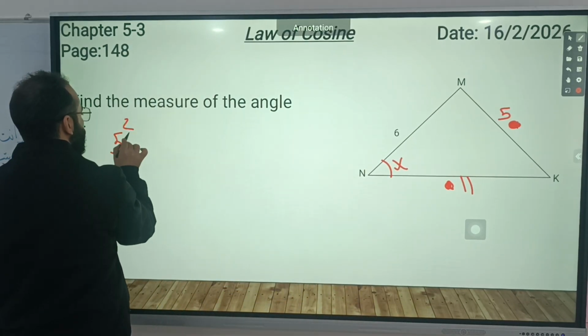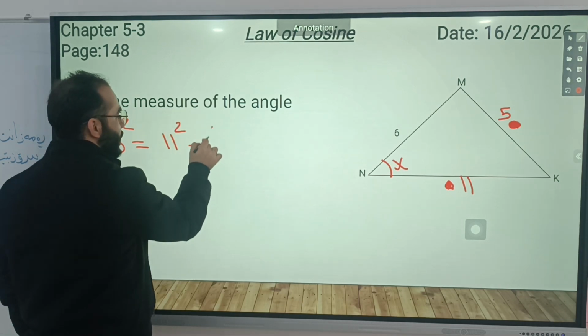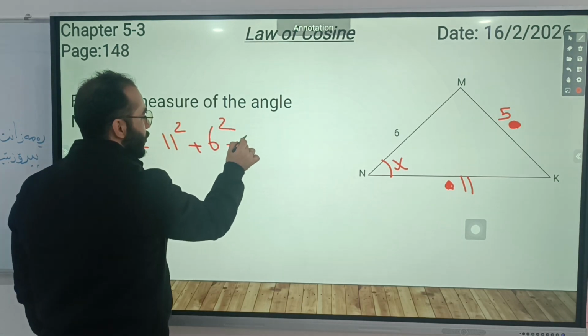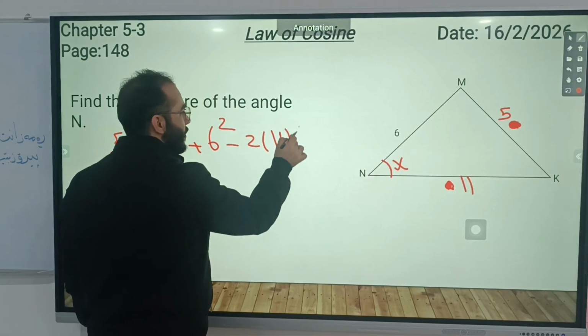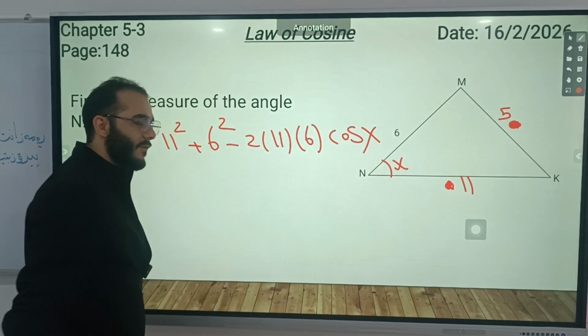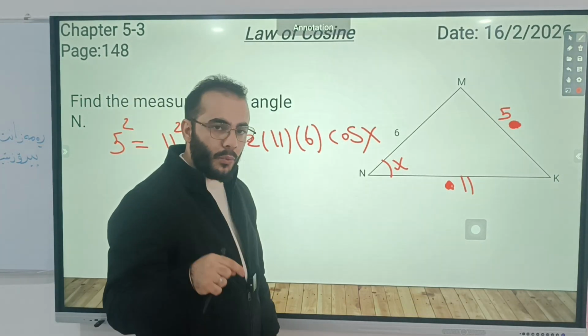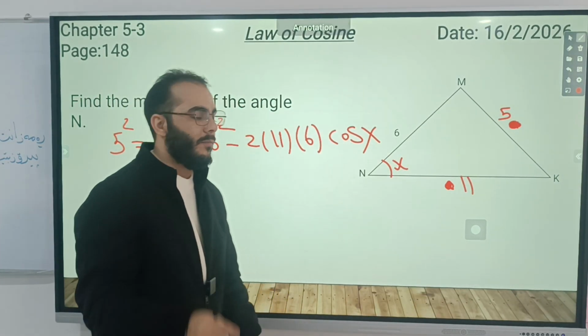So 5 squared equals 11 squared plus 6 squared minus 2 times 11 times 6 times cosine of x. Since it asks for the angle, at the end we need to use inverse trigonometry.